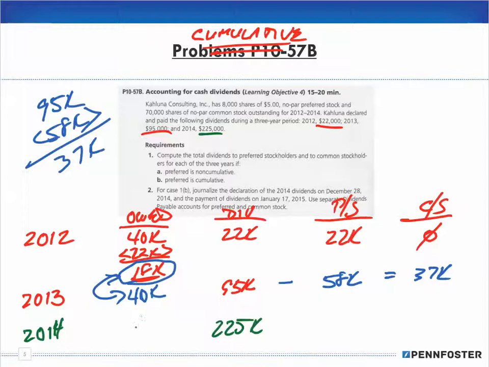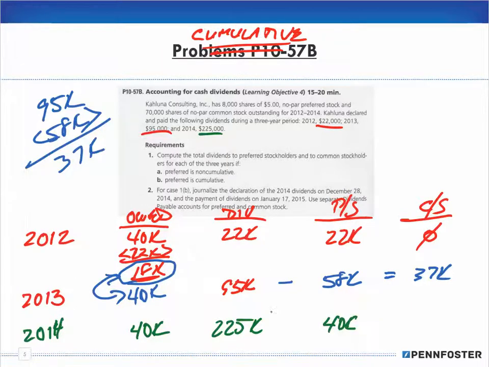Okay, the amount owed to preferred is 40,000. Now, since everything was paid off from the previous year, there was nothing carried over. 40,000 goes to the preferred shareholders.